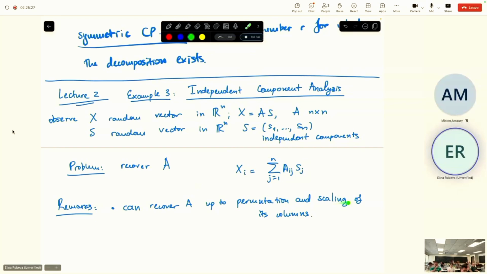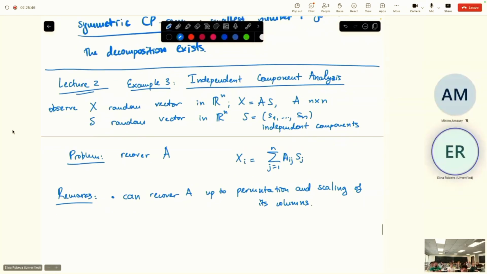Or if you want to think about the example, a permutation would correspond to ordering the n people in some order, and we don't really care what the order is, or scaling their voices. Okay, so that's what we can try to do.